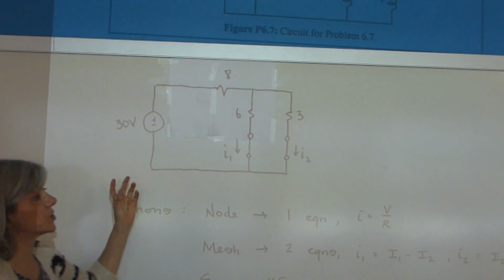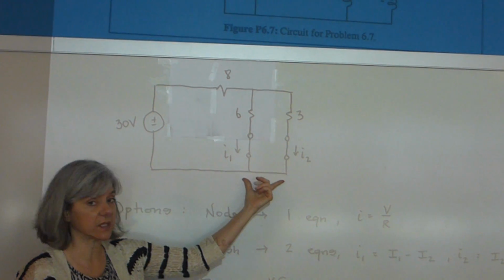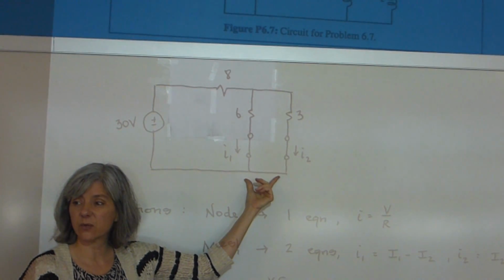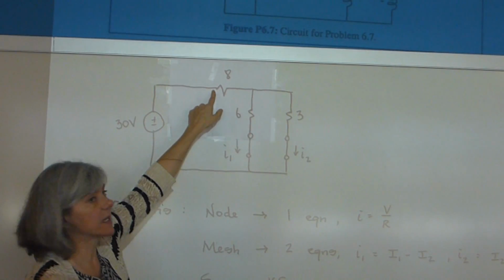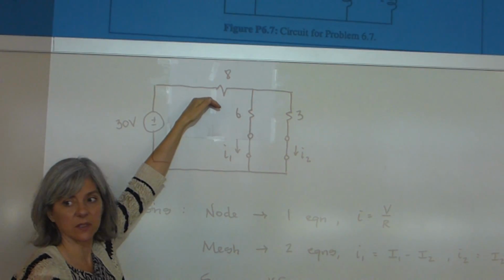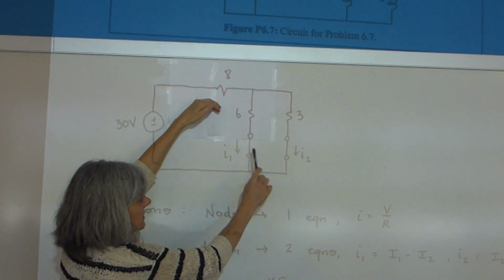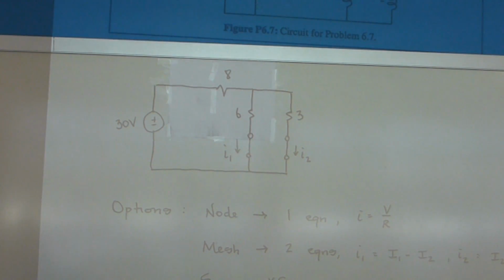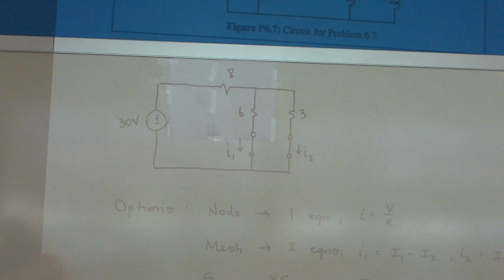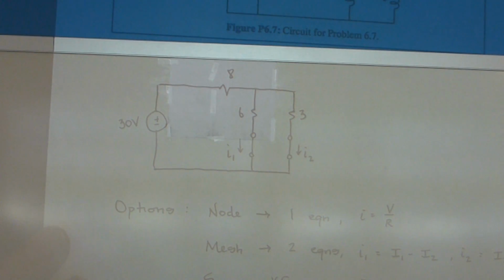I could find the total current. I could collapse these guys. I'm thinking this one I can do in my head. 6 in parallel with 3 is 2. 2 plus 8 is 10. So 3 amps coming up this way. And then 3 amps split, 1 and 2. So I can do that one in my head. Okay, so that's the other one, is to look at total current. You're basically just doing current division. Yeah, exactly. Total current and then current division, but it's so simple I can do it all in my head.